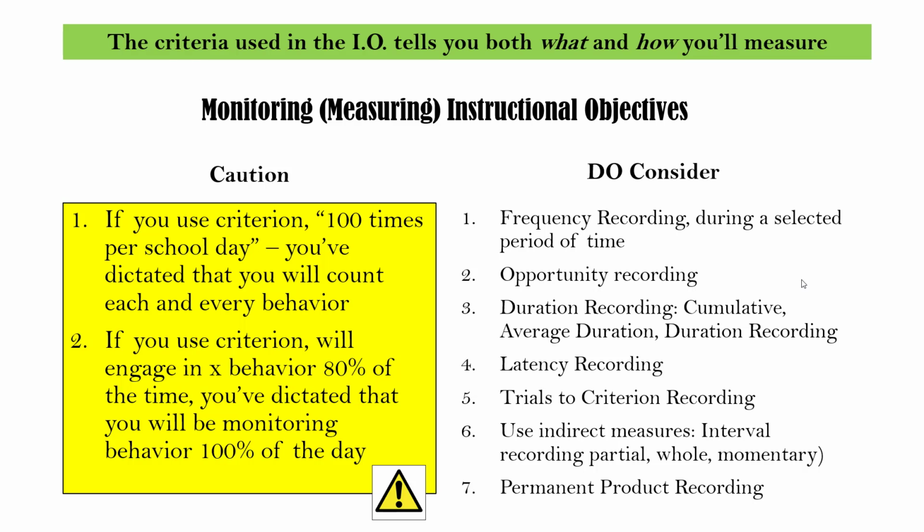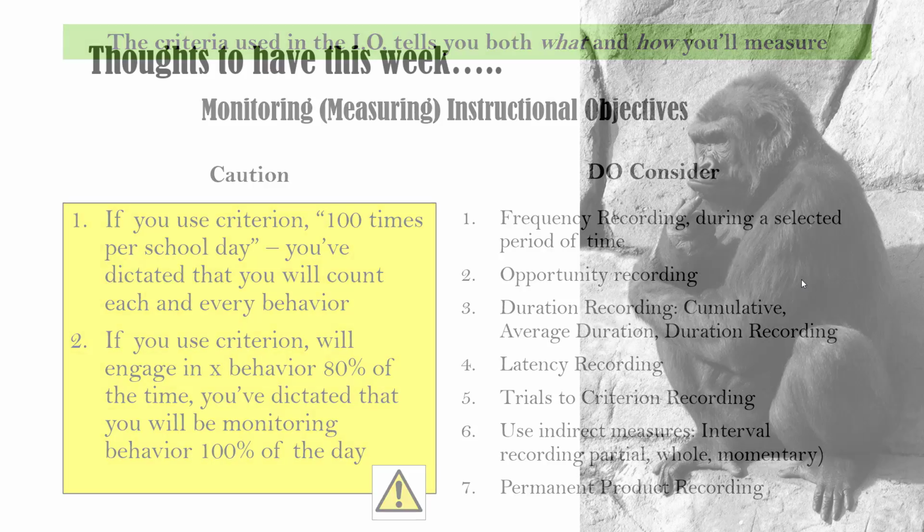That behavior has left a permanent product, a tangible product in the environment, so you can record that way. So make sure that your recording system is practical and that you can actually record and measure the behavior like you state in the criterion. So just be careful of that aspect.